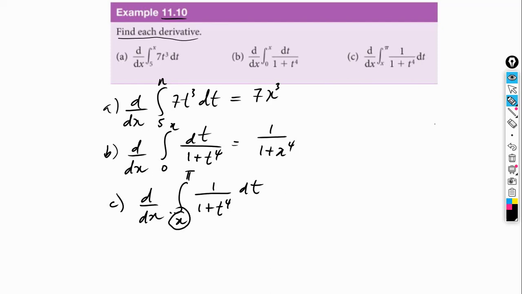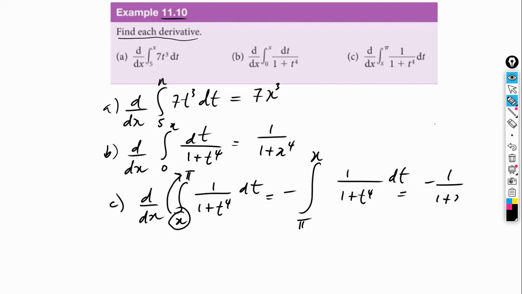So we need to flip this. But remember that we can simply flip this by putting a negative in front, because this would be the same as saying minus the integration from pi to x of 1 over 1 plus t to the 4 dt. And then now we can simply plug in x and get minus 1 over 1 plus x to the 4.